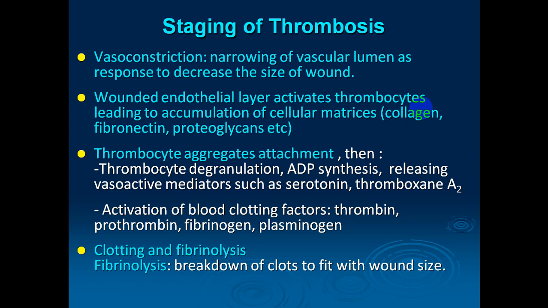This rough surface will activate the clotting factors, in particular clotting factors in thrombocytes, and these thrombocytes will lead to formation of cellular matrices like collagens, fibronectin, and proteoglycans. It all makes a fibrin network.